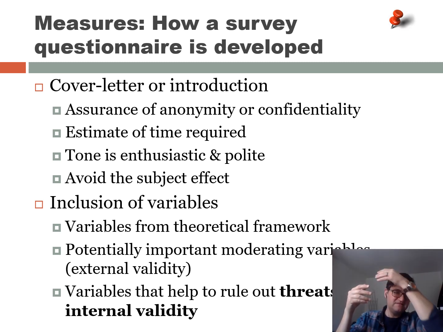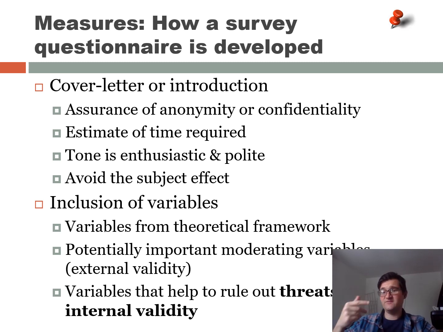This is why, when you're developing a survey study, it's good to get feedback from other researchers, other sources, subject matter experts, so they can help you identify additional confounds. You're only going to be able to measure so many, but you want to rule out the biggest potential threats.